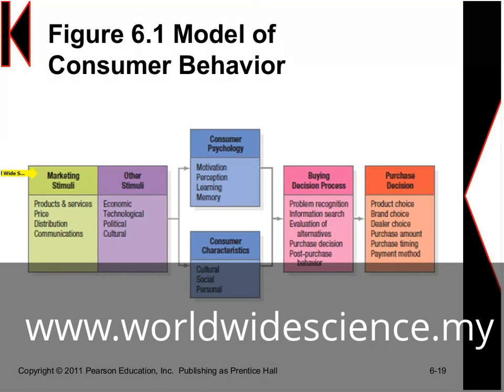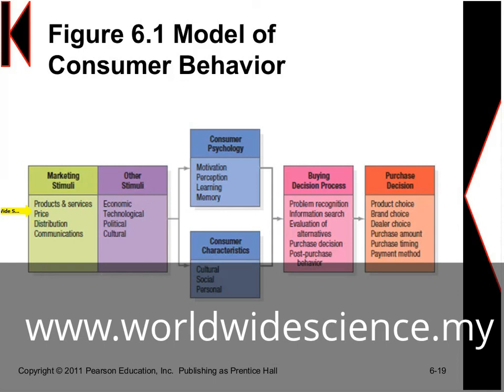There are some marketing stimuli. Which kind of specifications of the marketing can attract customers? Products and services: which kind of products and services do you have? What is your price? What is your distribution way to customers? These are related to the marketing mix.